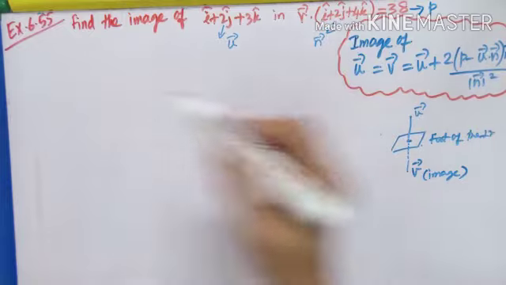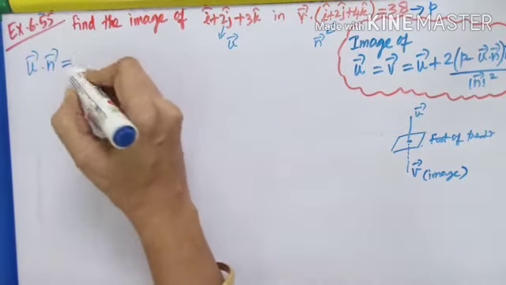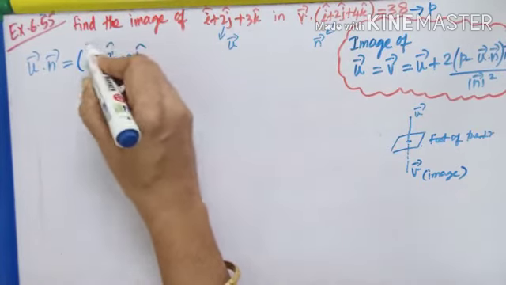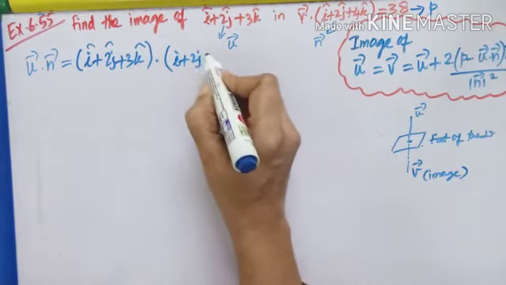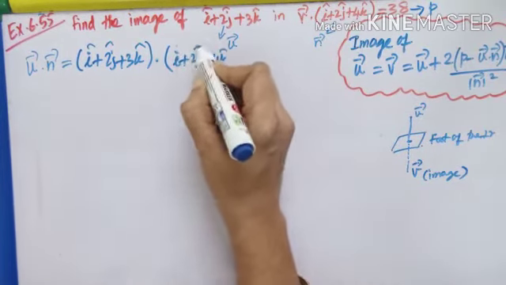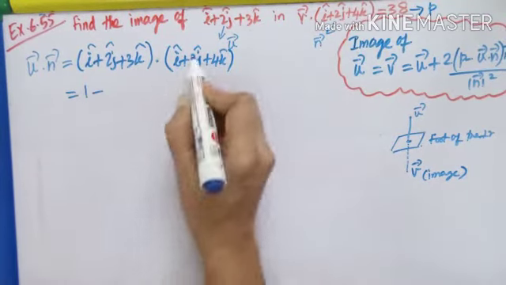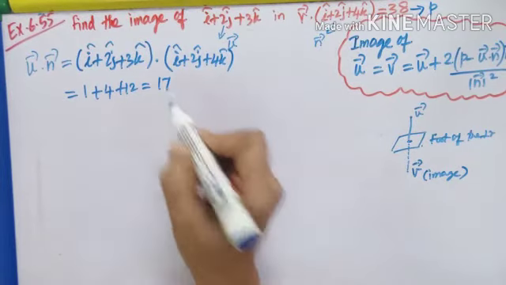Before that, what is u dot n? Let us find out. u vector is i plus 2j plus 3k, dot n vector is i plus 2j plus 4k. Dot product implies i and i, j and j, k and k. So it is 17.